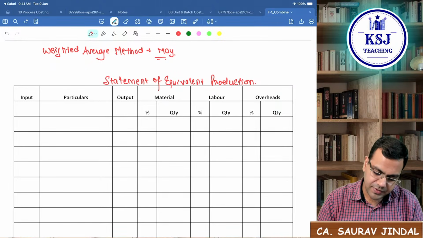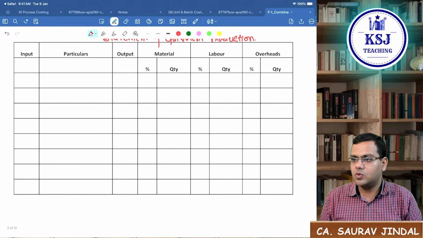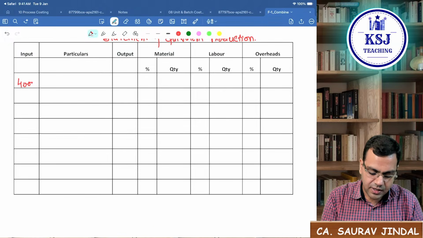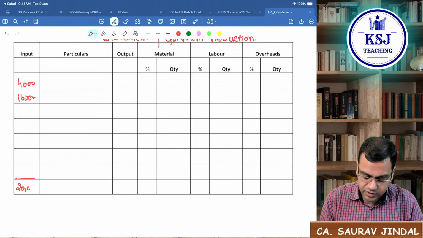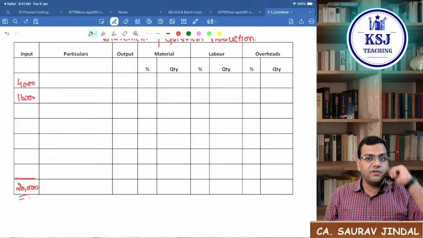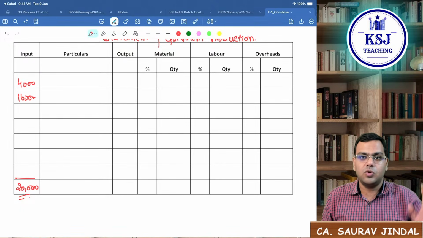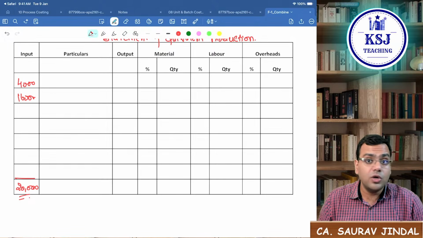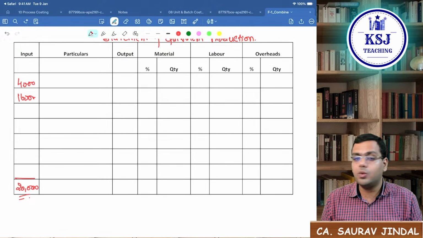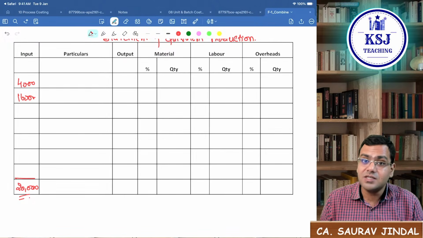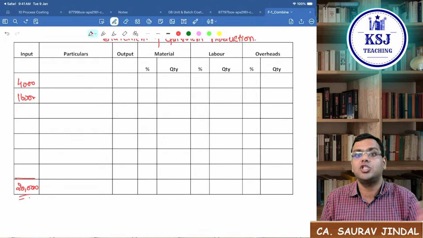Now, what is the input here? The input remains same, 4,000 units of the opening and 16,000 units of the fresh. Total 20,000 input. Now, when we are writing the particulars, weighted average method says that whatever we completed can be from the opening WIP or from the fresh input. We do not know. So in that case, we do not write opening WIP separately. We just write whatever is being finished in this period.